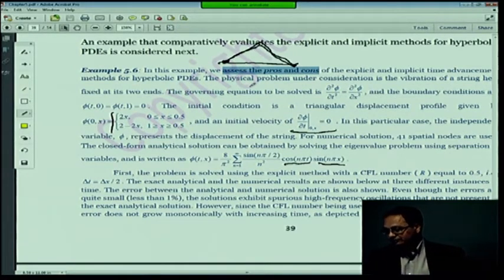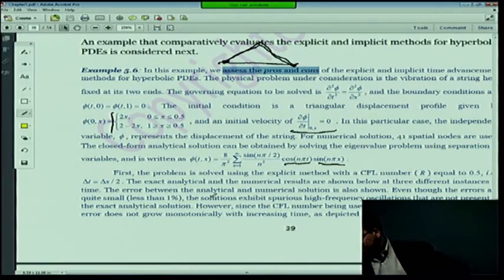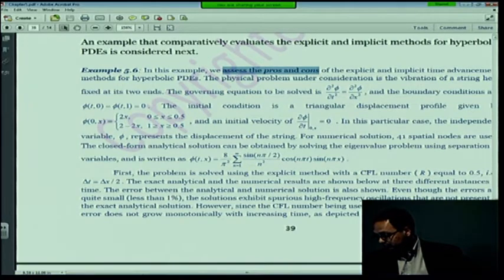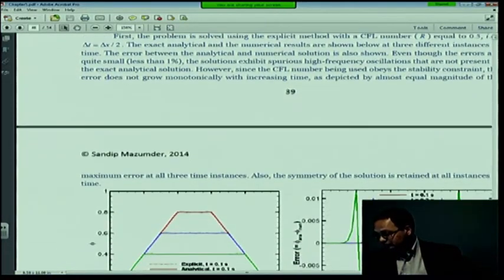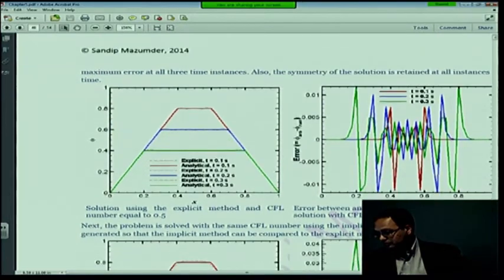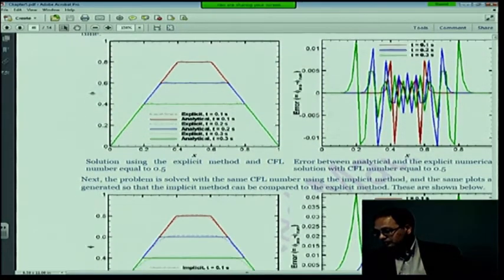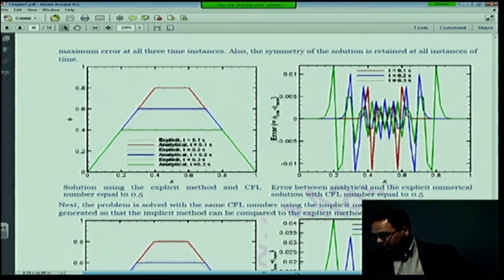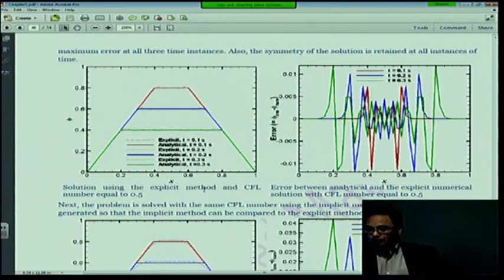And this is of course an infinite series. So what I'll show you here are solutions with CFL number equal to 0.5. So that's within the stability bounds. So these two plots here, this is actually showing you the solution.